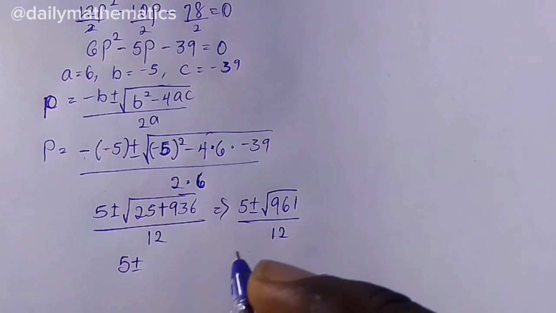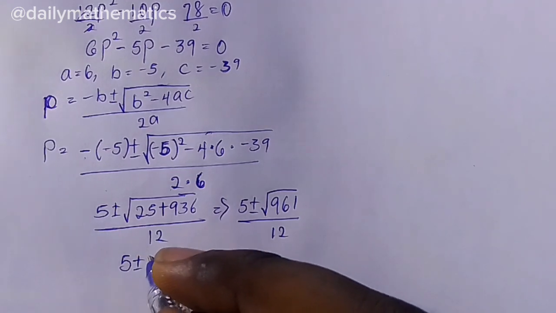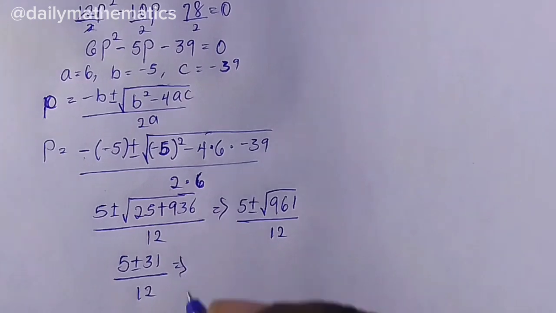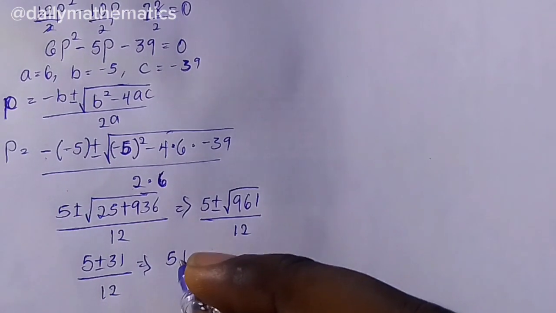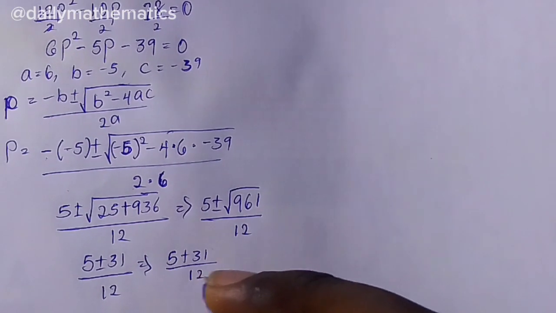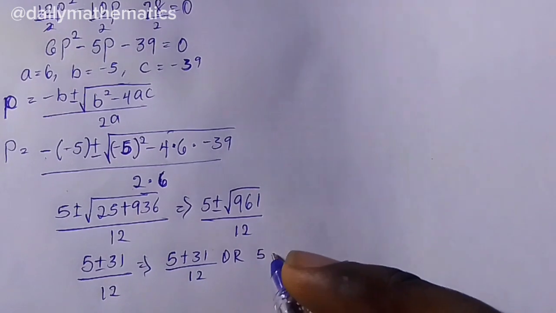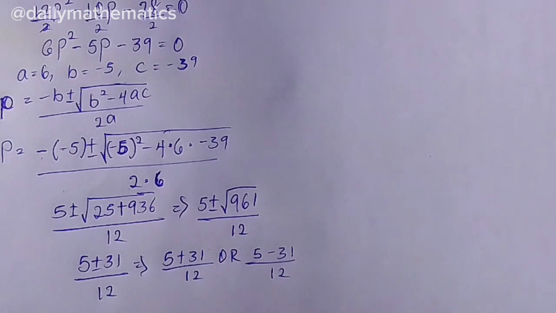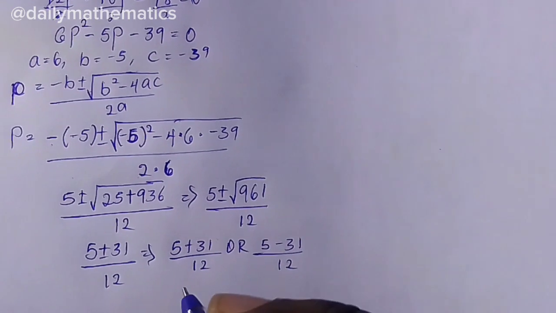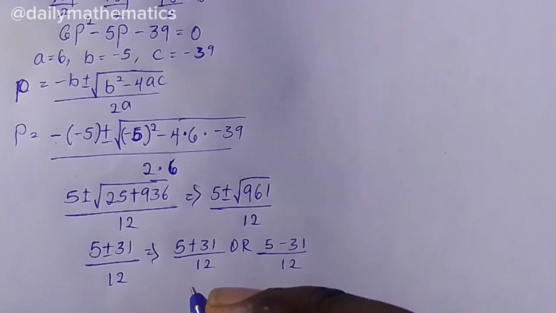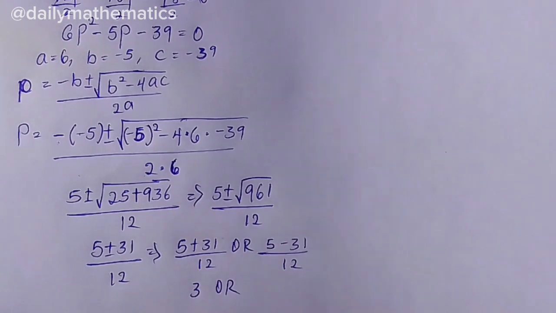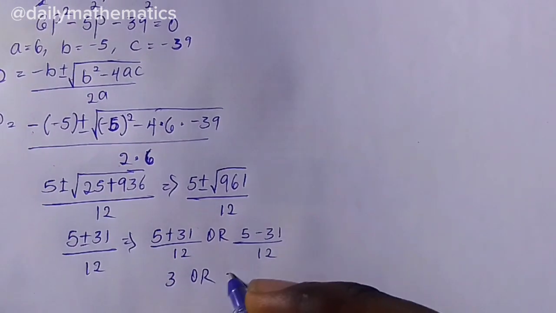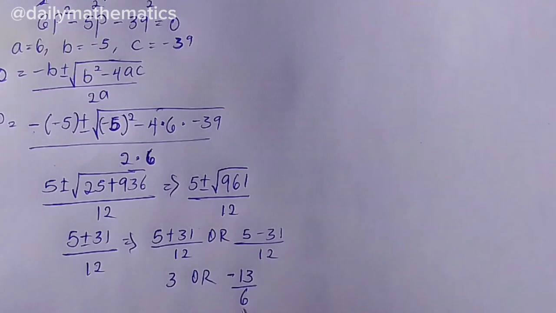Then we have 5 plus or minus, then square root of 961 is giving us 31, then we have over 12, meaning we have 5 plus 31 over 12, or 5 minus 31 over 12. So 5 plus 31 over 12 is going to give us 36 over 12, that's giving us 3, or 5 minus 31 over 12 is going to give us minus 26 over 12, that's giving us minus 13 over 6.